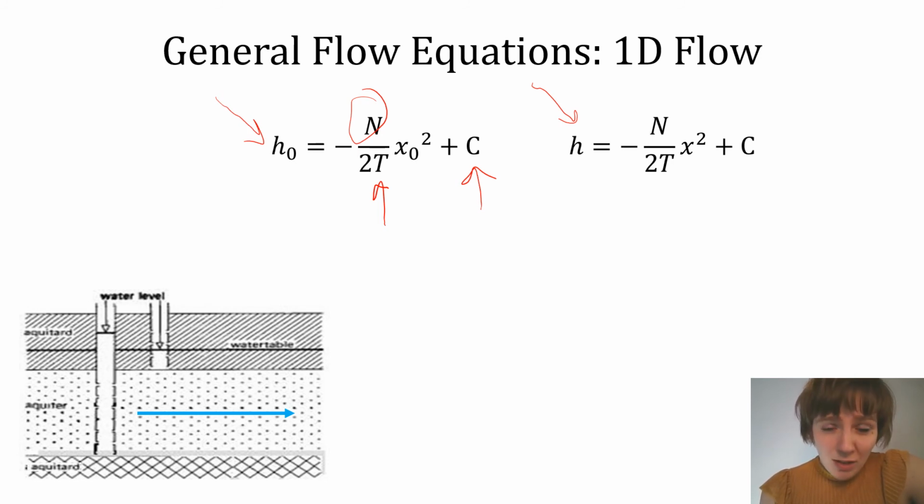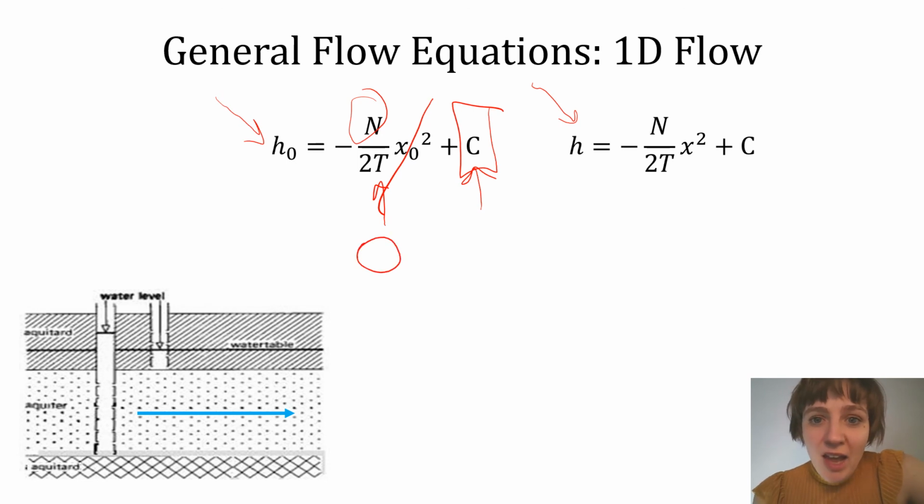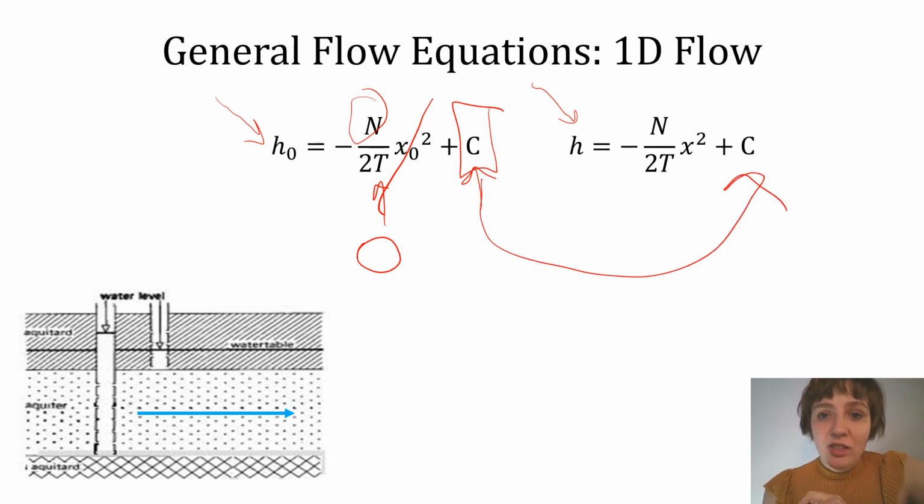So what we can do is solve for C in this simpler case of x naught being 0, and once we figure out what C is, we'll be able to turn around and plug that C into this equation for hydraulic head.